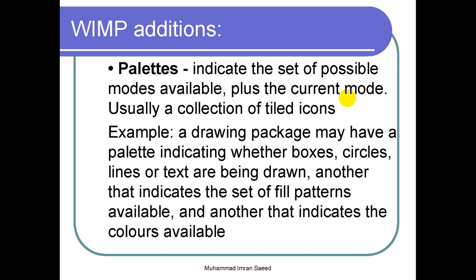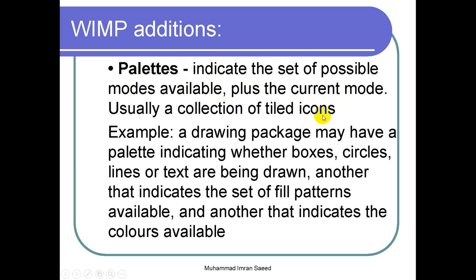So these are different options available, and it has placed all the options side by side. It has tiled the options, and whichever option you select, it shows you that currently this option has been selected. So in fact palettes are what? They indicate the set of possible modes available plus the current mode selected.